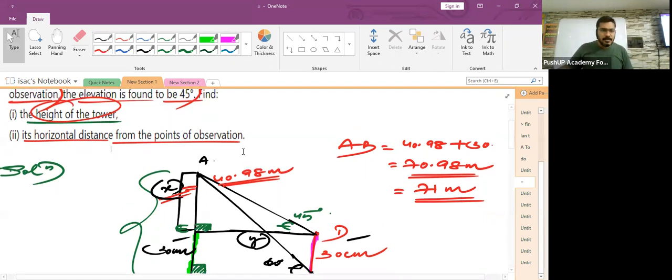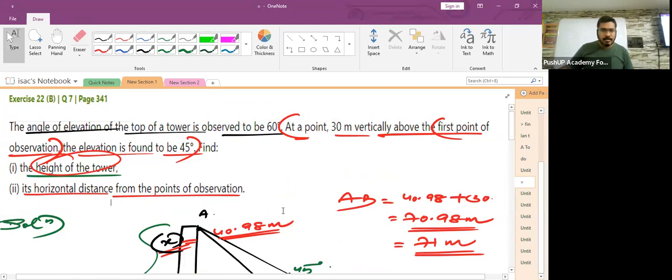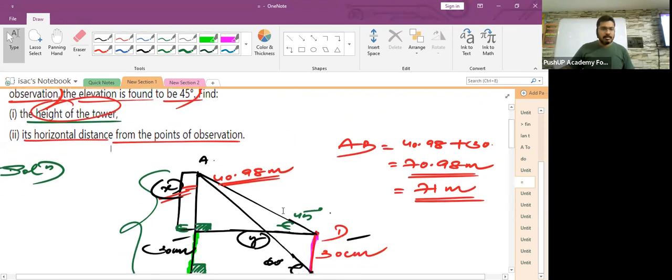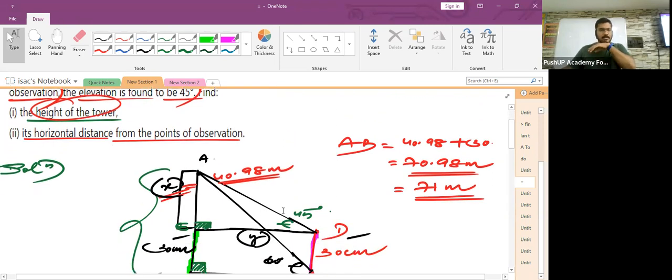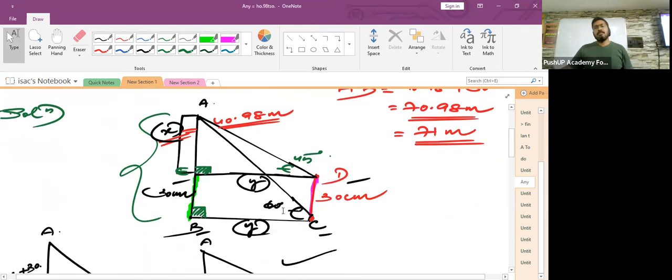Whose horizontal distance we have to find? Oh, I think it is the distance BC, isn't it? BC is what we have to find. No, that is the horizontal distance between the tower and the point of observations.